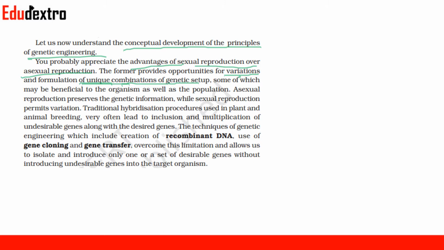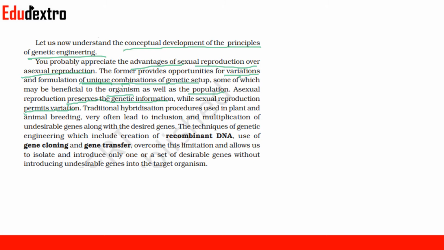And we already know how beneficial it is for the organism itself, and for the entire process of population and evolution, right? But asexual reproduction can preserve the genetic information, while sexual reproduction permits variation.